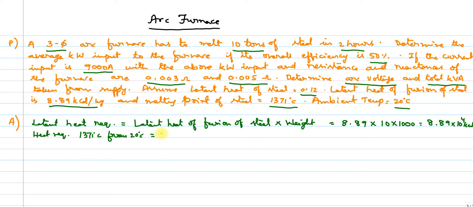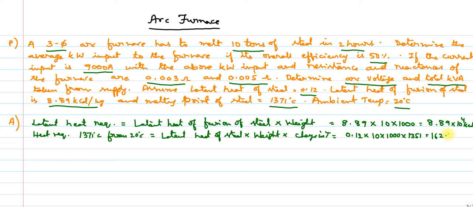Here is the formula, same thing: specific heat of steel into weight of the steel into change in temperature. The specific heat is 0.12, weight is 10 tons, and change in temperature is 1371 minus 20, which is 1351. So it will be equal to 162.12 into 10 to the power of 4 kilocalorie.